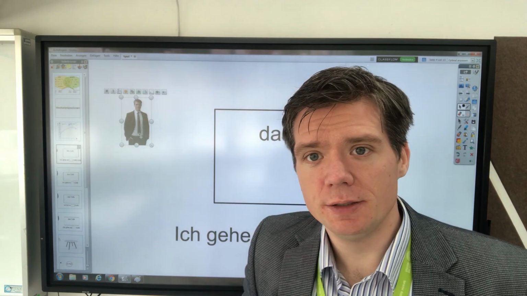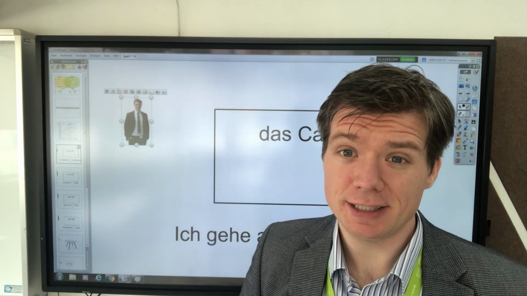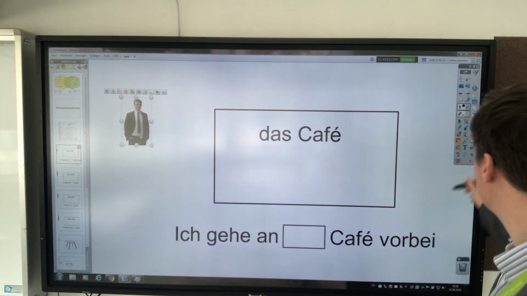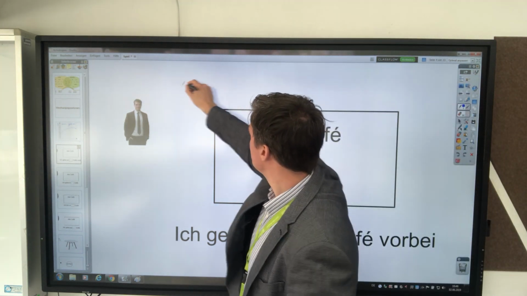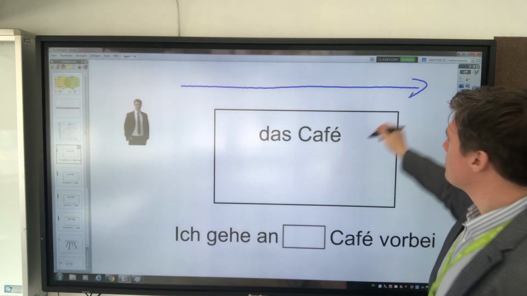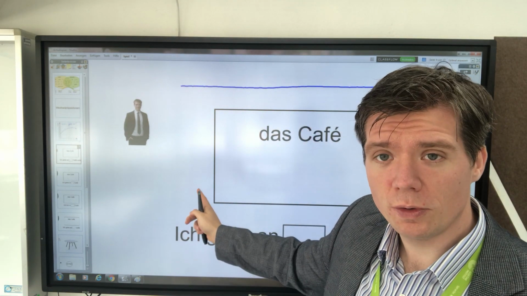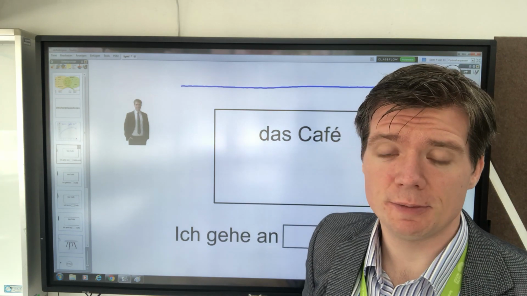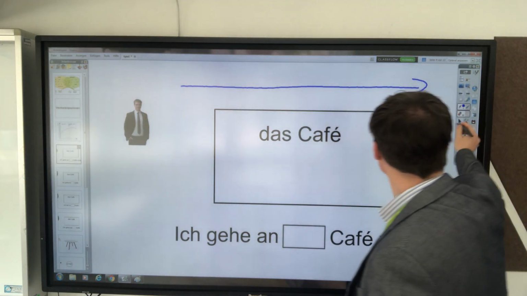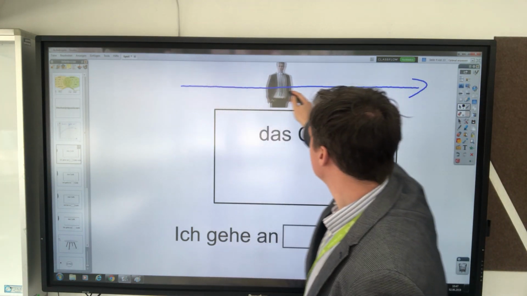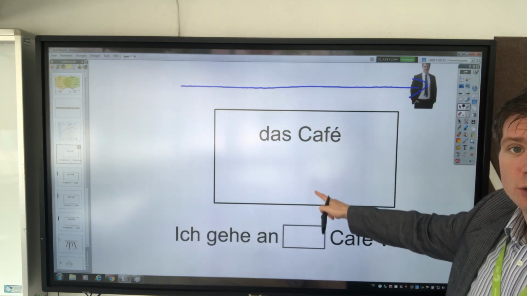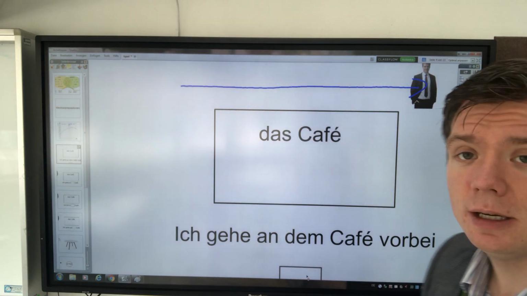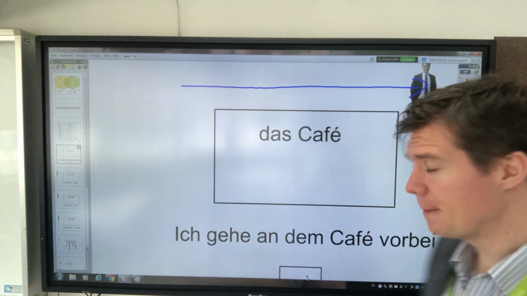If you think of accusative in terms of interacting, if I say ich gehe am Café vorbei, then I move, but I don't interact with my object. So it's not accusative. If I put myself here and I pass by, I don't interact with this coffee shop, and that's why it's dative. Ich gehe an dem Café vorbei.